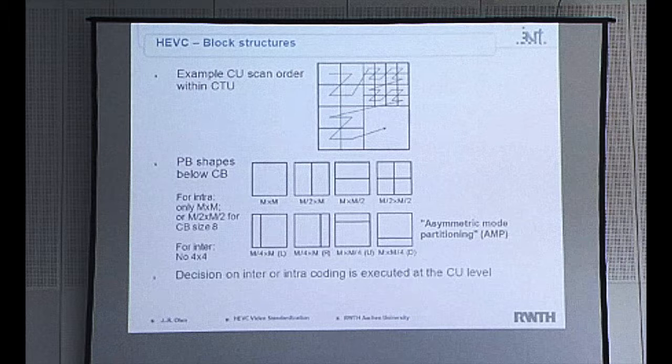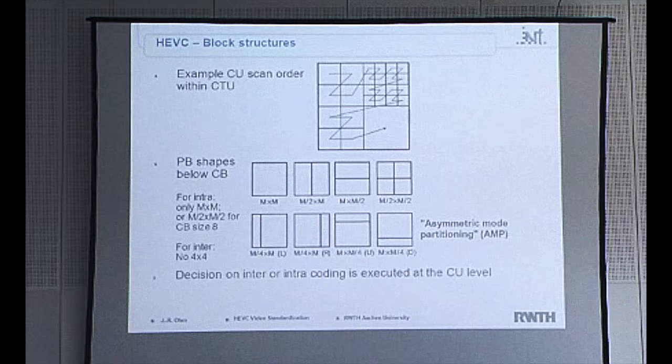In principle, what you can do here is just keep the 64 by 64 unsplit. You can have the same motion vector for a 64 by 64 region. But you could go as small as, for interframe prediction, we are allowing smallest sizes of 4 by 8 and 8 by 4.